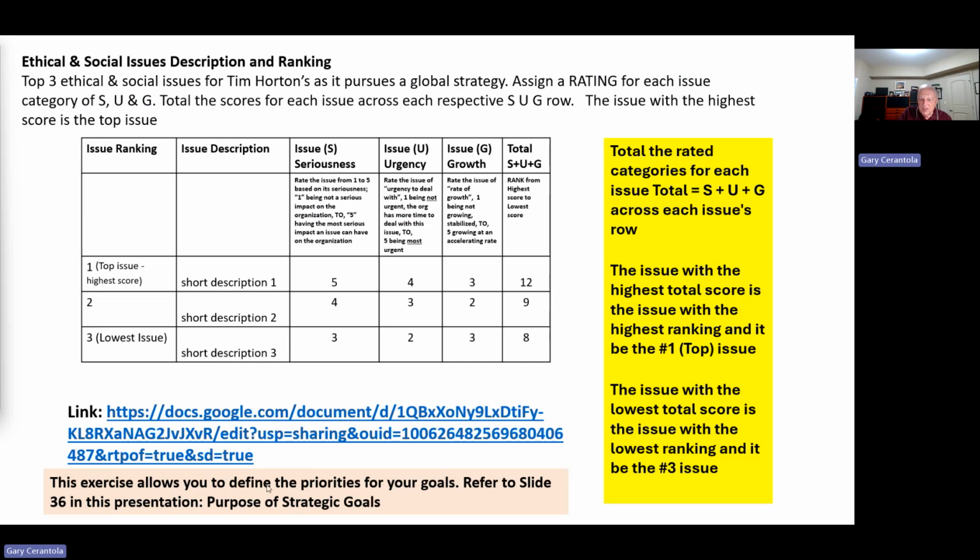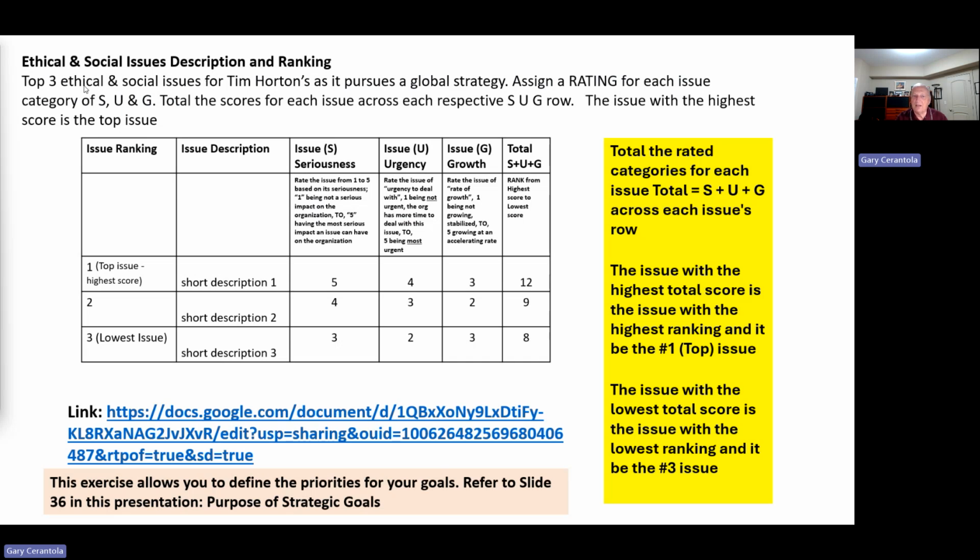This exercise allows you to define the priorities for your goals. So you can refer to slide 36 in this presentation around the purpose of strategic goals. But again, the total rated category for each issue is seriousness, urgency, and growth. What I'm asking you to do is pick the top 3 ethical and social issues.